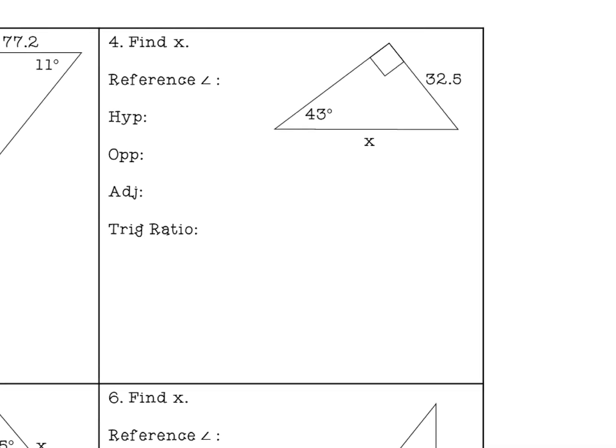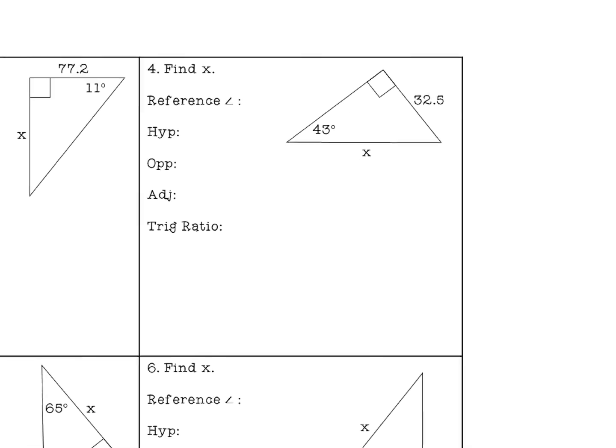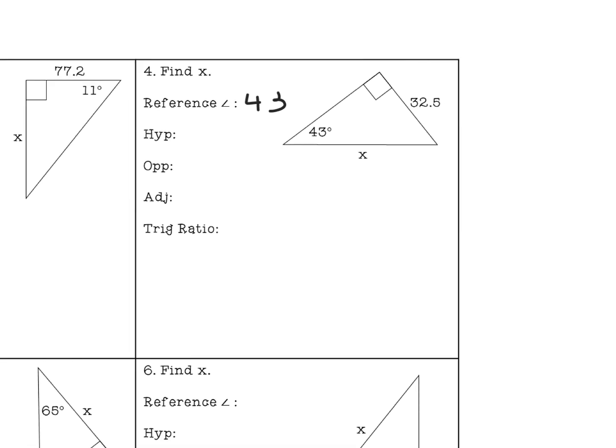So what is our reference angle? 43 is our reference angle. What is our hypotenuse? X. How do you know where the hypotenuse is? Not the long side, it's across from 90. Opposite: 32.5. Remember, we're going from here, so opposite would be 32.5.